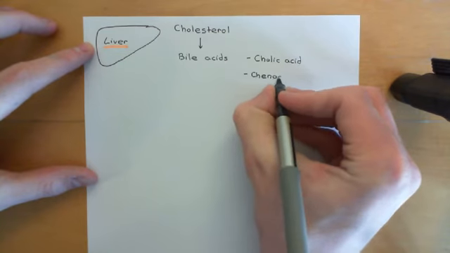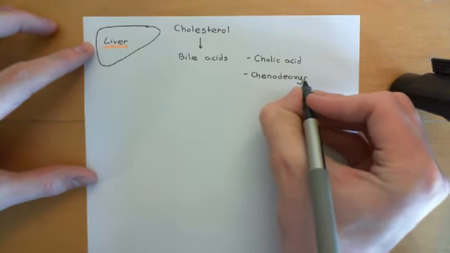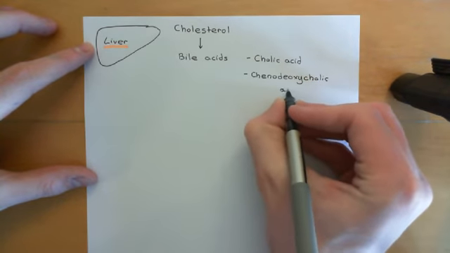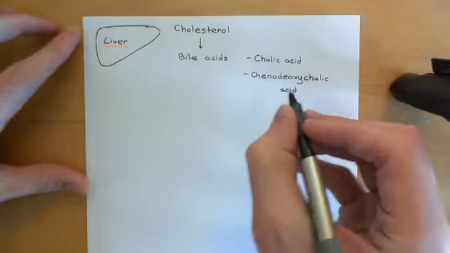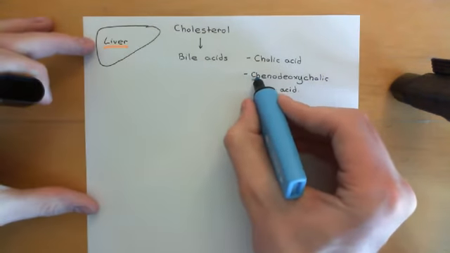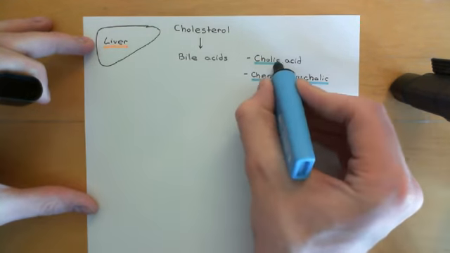I can show the structure of cholic acid and chenodeoxycholic acid on the same picture, because there isn't that much difference between them. Chenodeoxycholic acid just lacks one of the alcohol groups that cholic acid has.